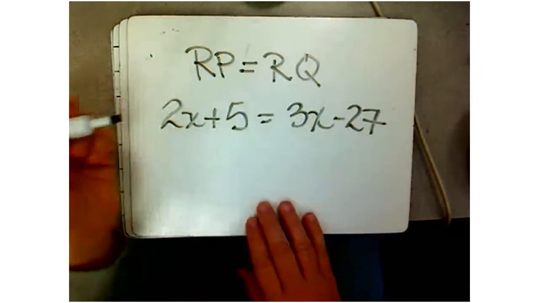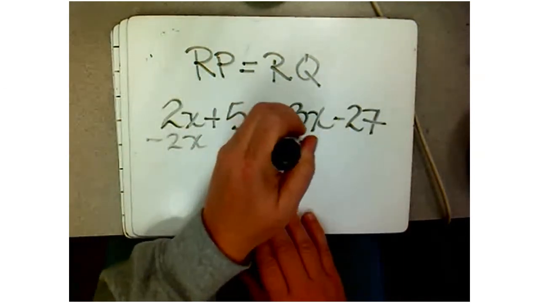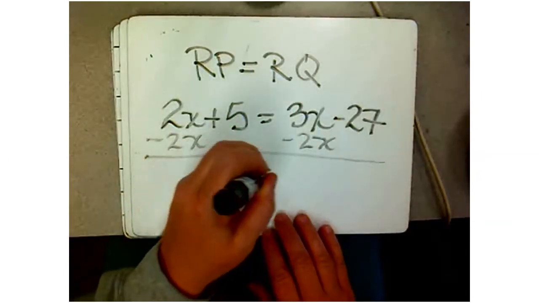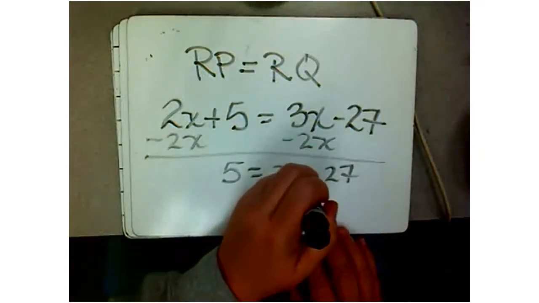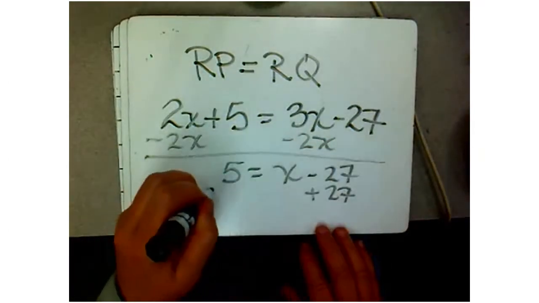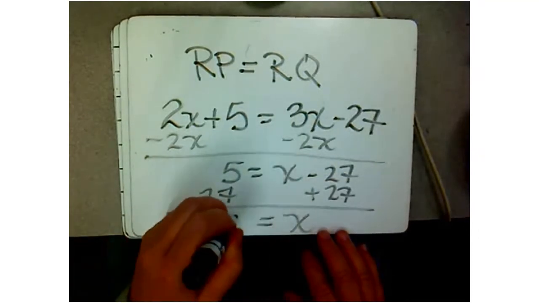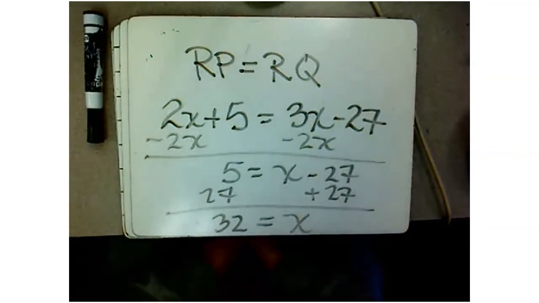So we want to get our like terms, so we're going to do minus 2x from the left, so minus 2x from the right. We end up with 5 equals x minus 27. I'm going to add 27 to both sides, right? And then x equals 32. Done. Okay, and they just wanted to know what x equals.